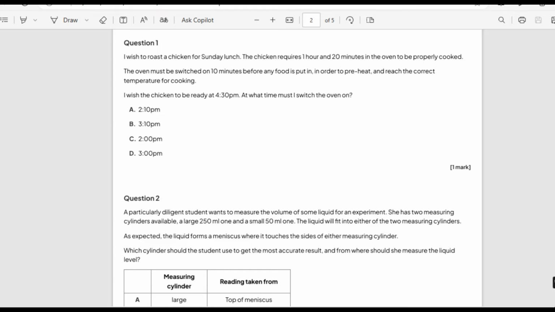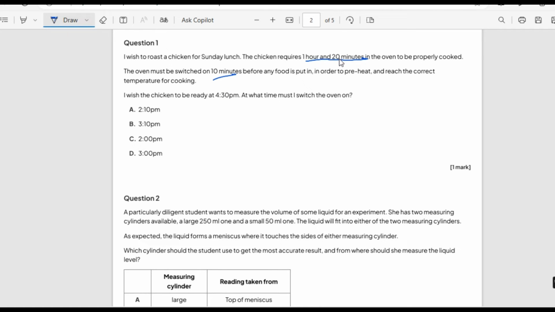Okay. So let us see all together how much time it requires. The cooking time of the chicken is 1 hour and 20 minutes. And it takes about 10 minutes for the oven to preheat.